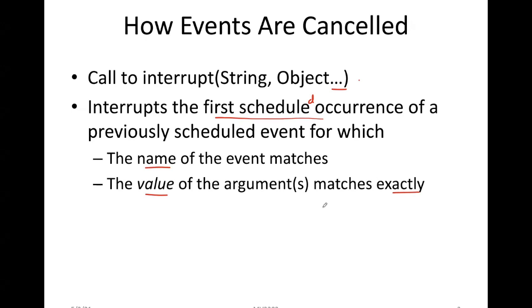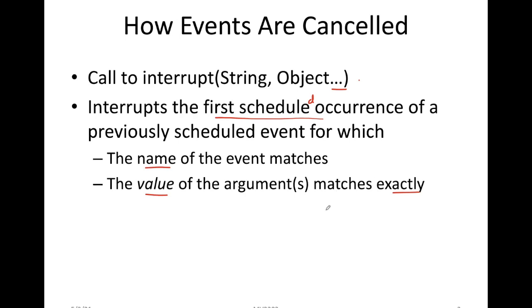And each one would have an argument of that customer who was reneging. That's why at the arrival event, it was scheduling the renege event, but passing that customer. So that when you pop that customer off the queue at the start service event, that was the argument that was passed to the interrupt of the renege.